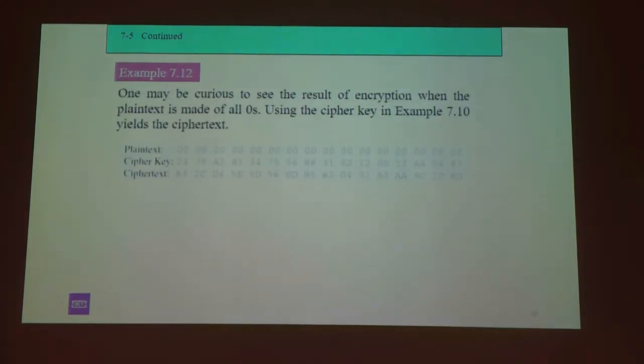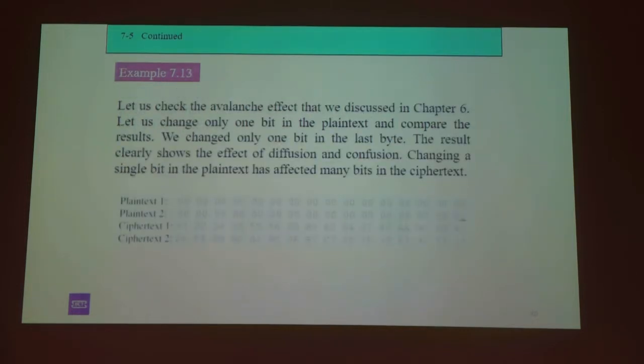This is another example. We started with a plain text of zeros. And we have the cipher key and output. Again, it's completely different. Okay, it doesn't matter what plain text you use, it will completely diffuse it. Look here at what we did. Plain text 1 is all zeros.